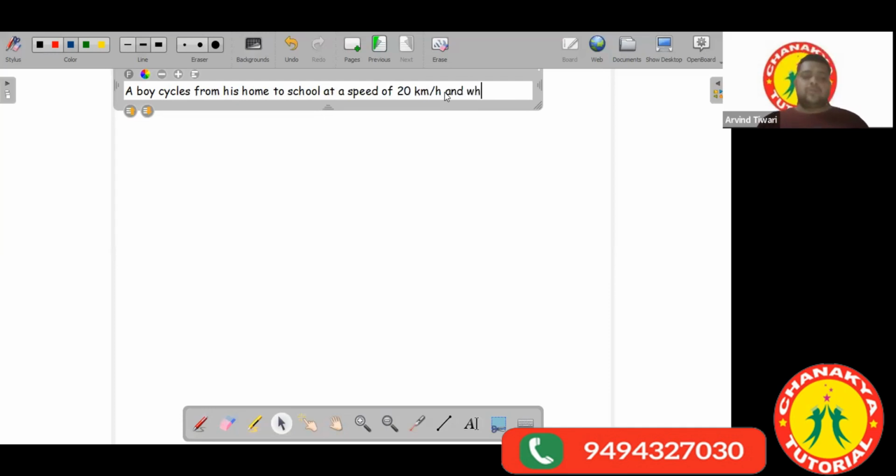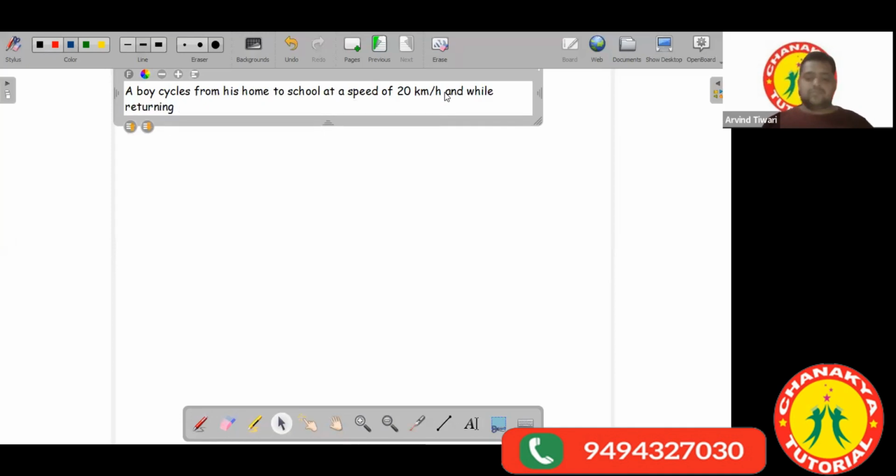And while returning, he cycles at the speed of 30 kilometer per hour. Okay. So find his average speed. A similar question, find it out. I think you should do this now. This is similar to the question we did just now.